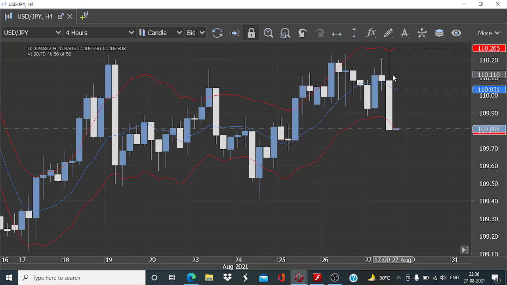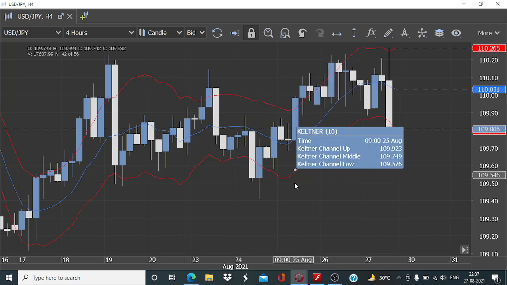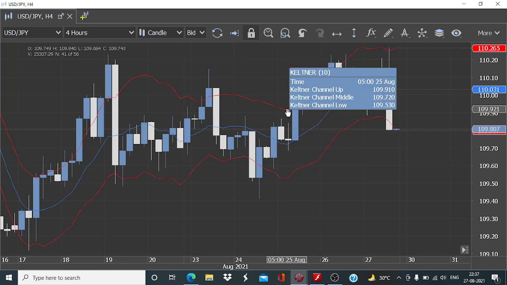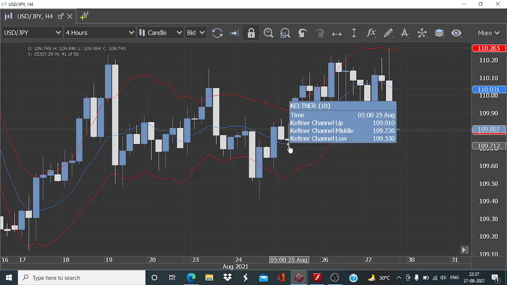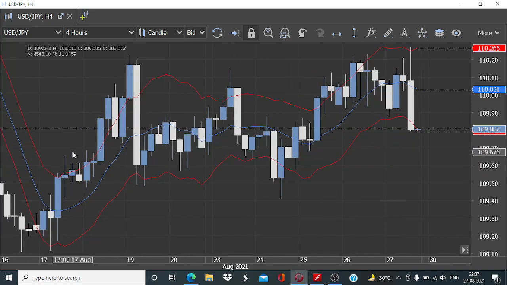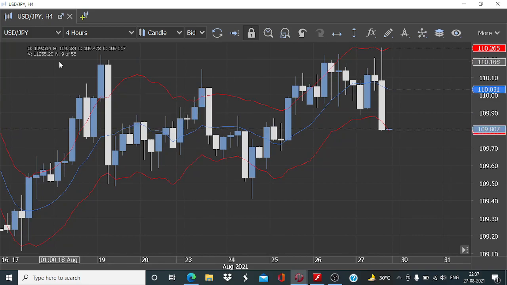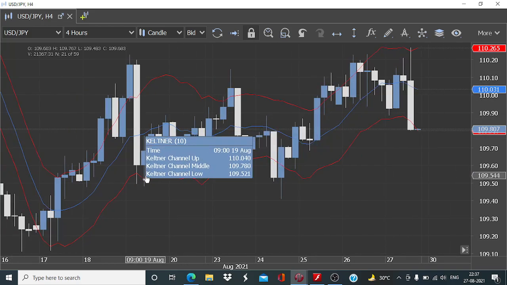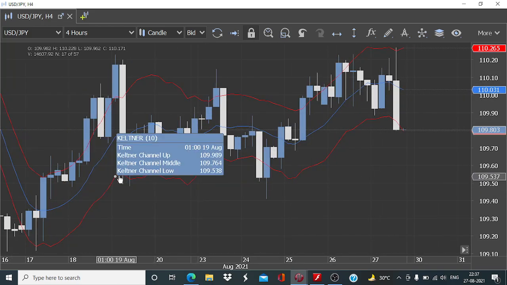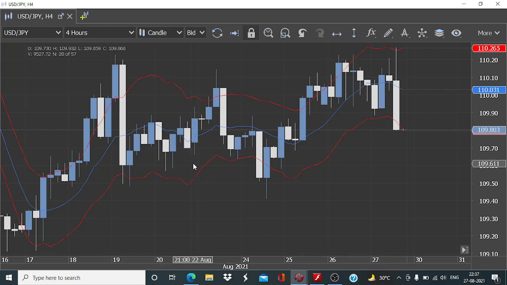This EMA is used as the middle band, and these two bands, the higher band and the lower band, which you are seeing, which go on to form the channel, are formed after adding and subtracting the ATR range for this chart. And I will not go into the technical details of how the Keltner channel is calculated, but we will consider its utility. We will focus more on the functional aspects of it.